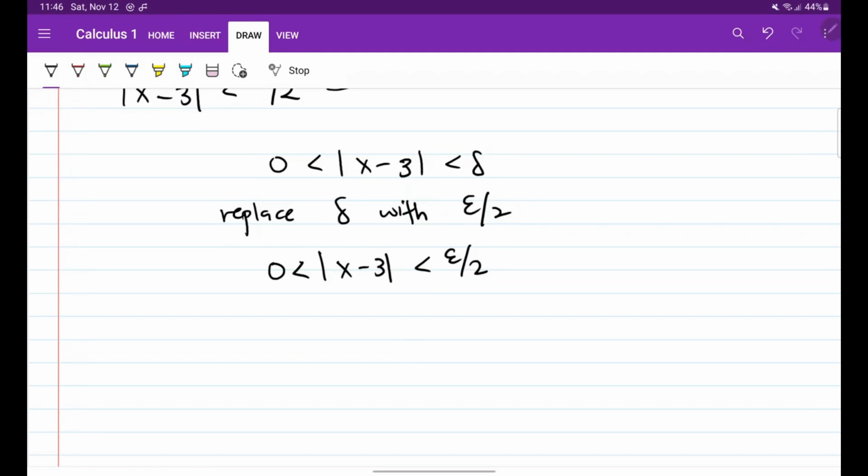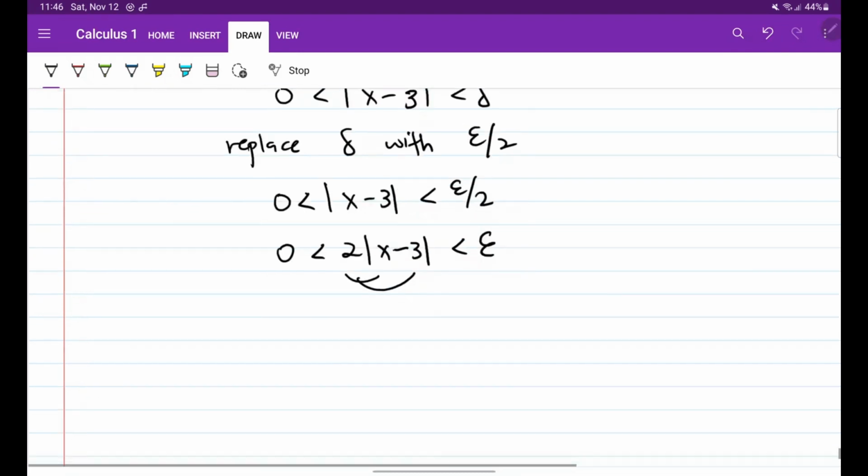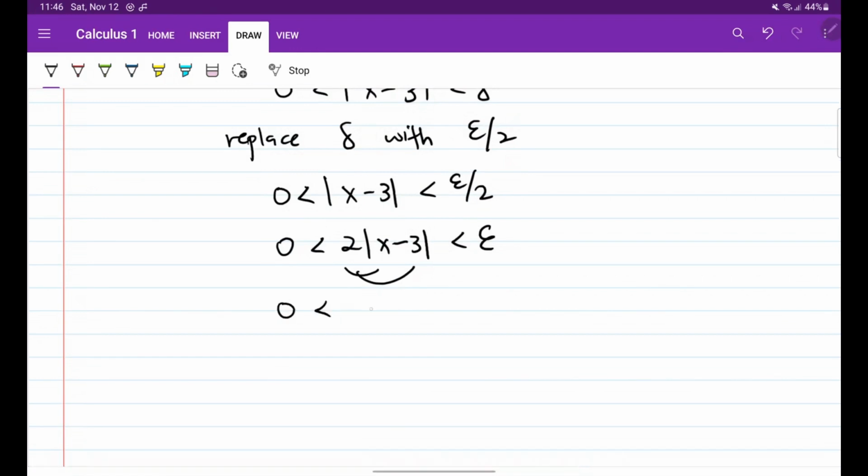And let's multiply 2 to both sides. So this will still become 0 less than 2 absolute value of x minus 3 less than epsilon. Okay? So we can multiply 2 again into the absolute value. So this will become 0 less than absolute value of 2x minus 6 less than epsilon.